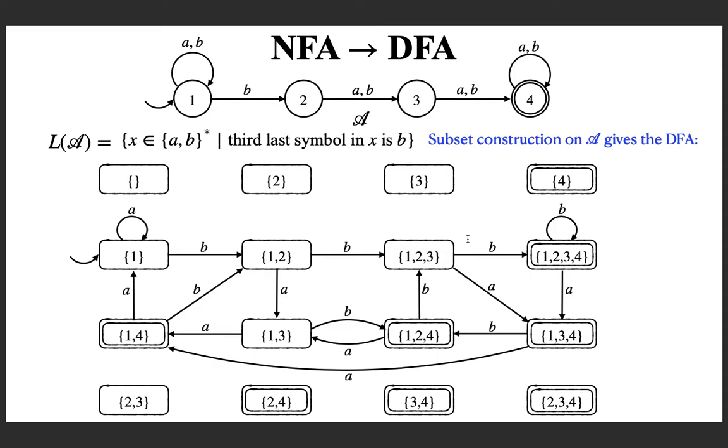Out of the 16 states, you can see that only 8 states are reachable. All these red states are non-reachable from the initial state. The initial state is the set {1}. From there you can see that all the red colored states, 8 in number, are non-reachable. So we need not retain the non-reachable states in a DFA.